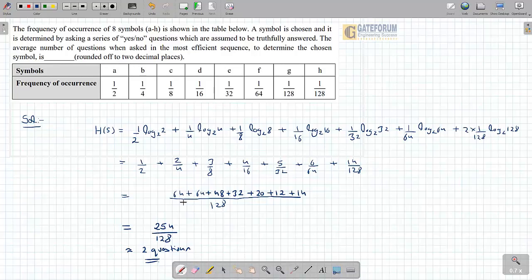Please check the calculation once. So the answer for this is 2. The 2 questions can be asked, whose answer is yes or no. That's the end of the question for communication.